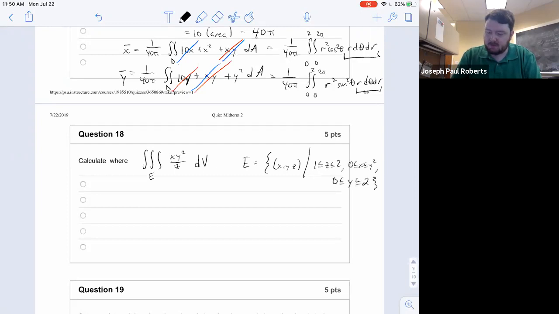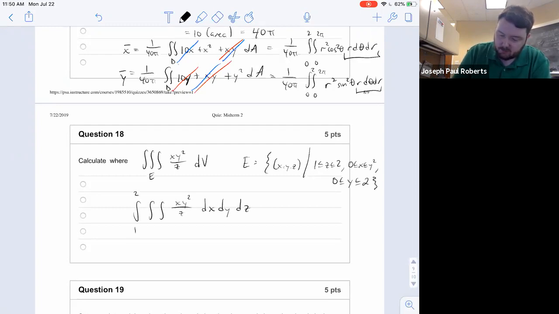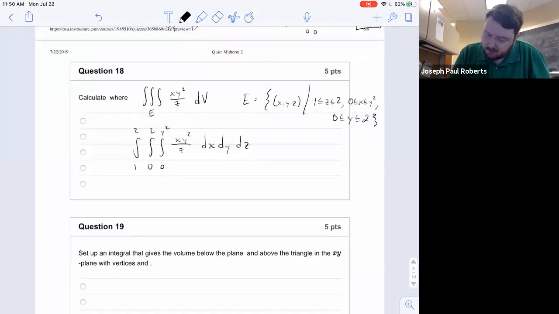So basically, as soon as you see that the x bounds depend on y, you're going to have to be careful to put x inside of y. Nothing else really matters here. So I'll just do x on the inside. So z 1 to 2, y goes 0 to 2, and then x goes 0 to y squared. And so then you just go through step by step.